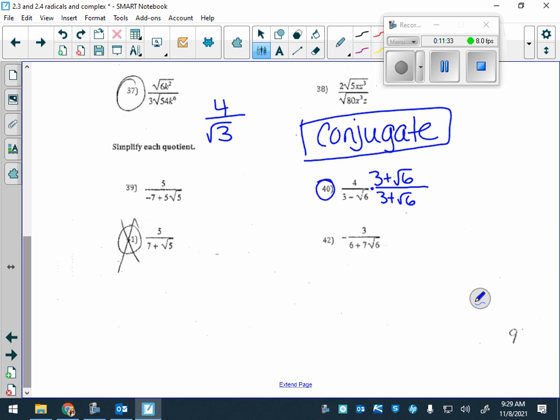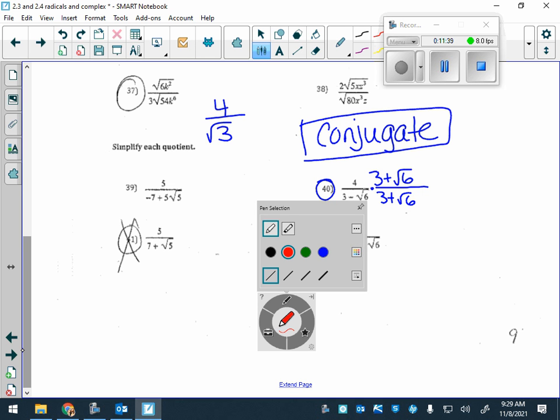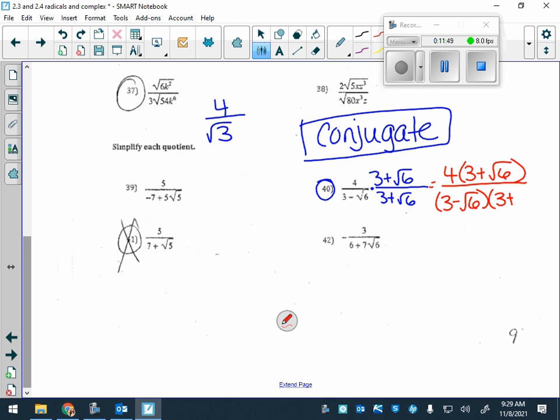Okay? So now, what this looks like, if I was to write it all together as one fraction, this is what it would look like. Okay? 4 times 3 plus root 6 is your numerator.